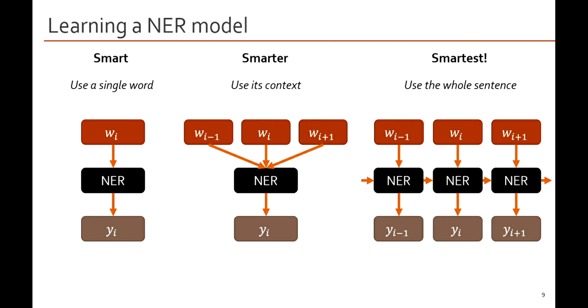An even better way is I can learn a model that simultaneously takes all of the words in context by using the so-called recursive pattern, where I have a model that takes 2 inputs. One is the word that I'm currently looking at, and the other is some variable that describes the history of what I have seen in that sentence to date.